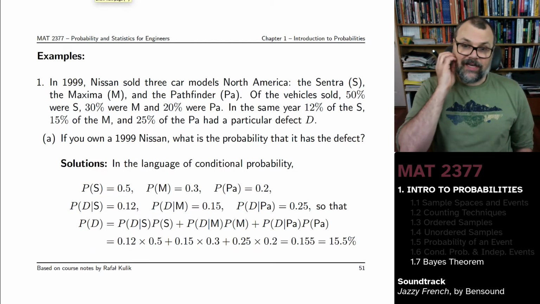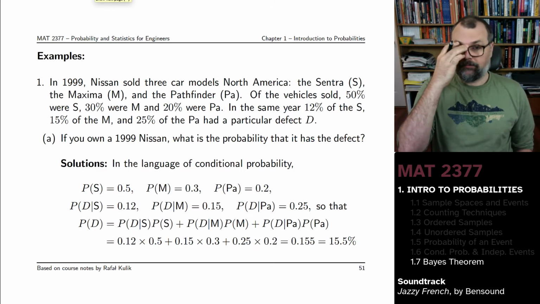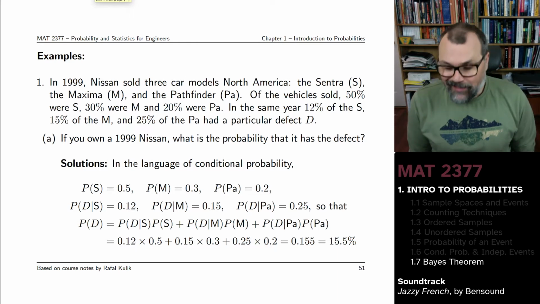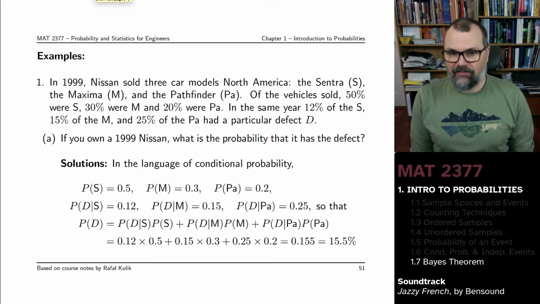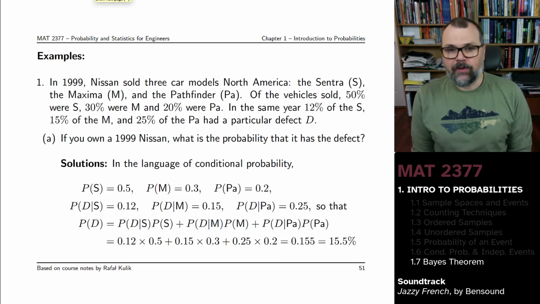Let's see what it looks like in action. In 1999, there were three types of Nissans that were being sold in North America. We had a Sentra, a Maxima, and a Pathfinder. So we'll denote those by S, M, and PA. I use PA instead of P because P is reserved for probability, and I didn't want there to be confusion, but usually you pick the first letter.